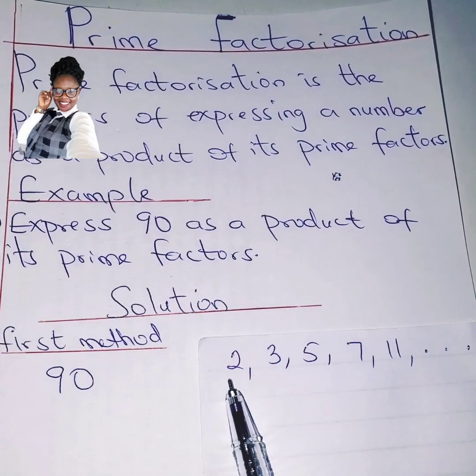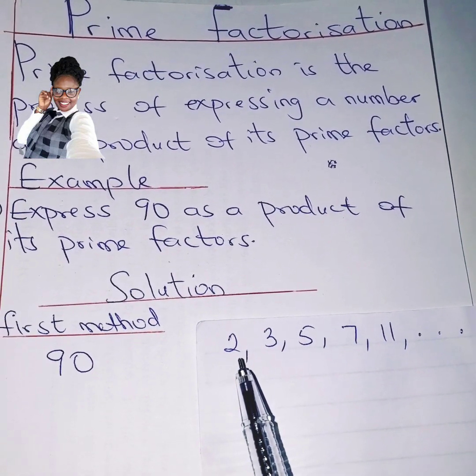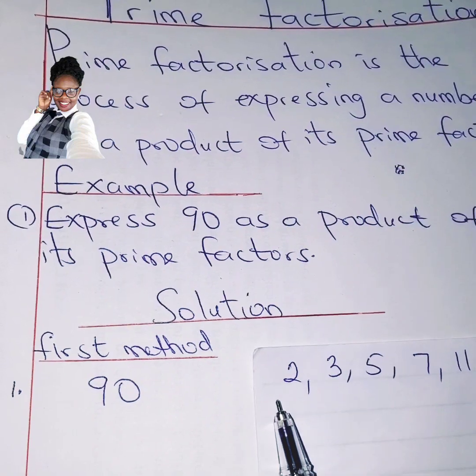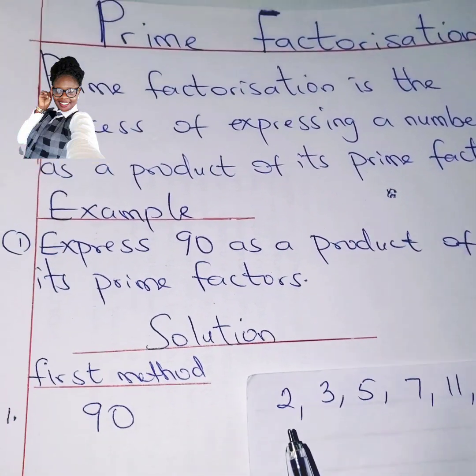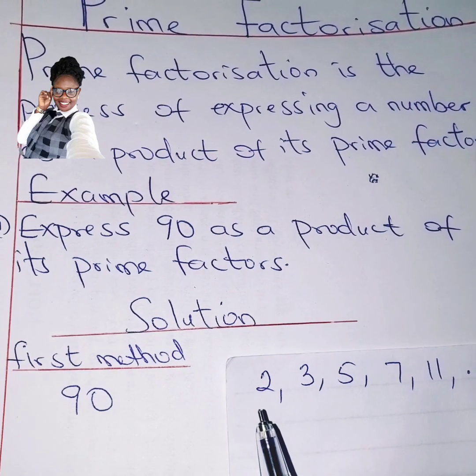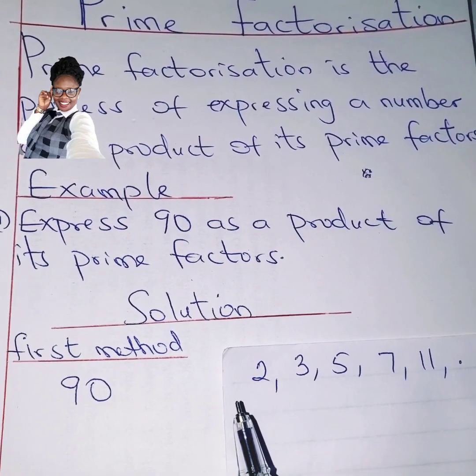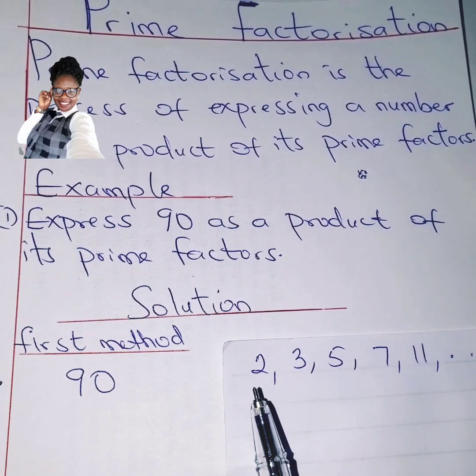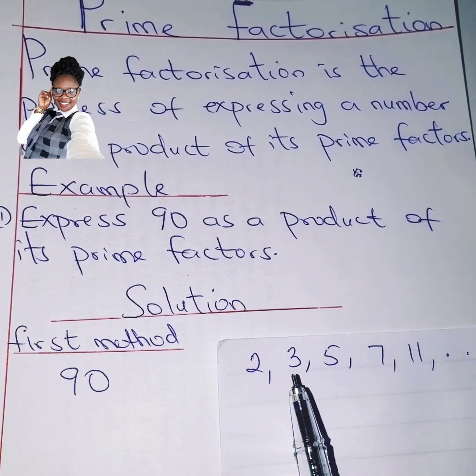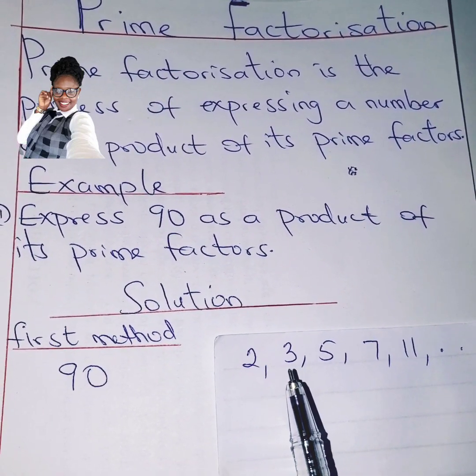I'll start dividing by the smallest prime number. If the smallest prime number can divide through the given number without remainder, that means I'll make use of it. But if it divides with remainder, I'll move to the next prime number.